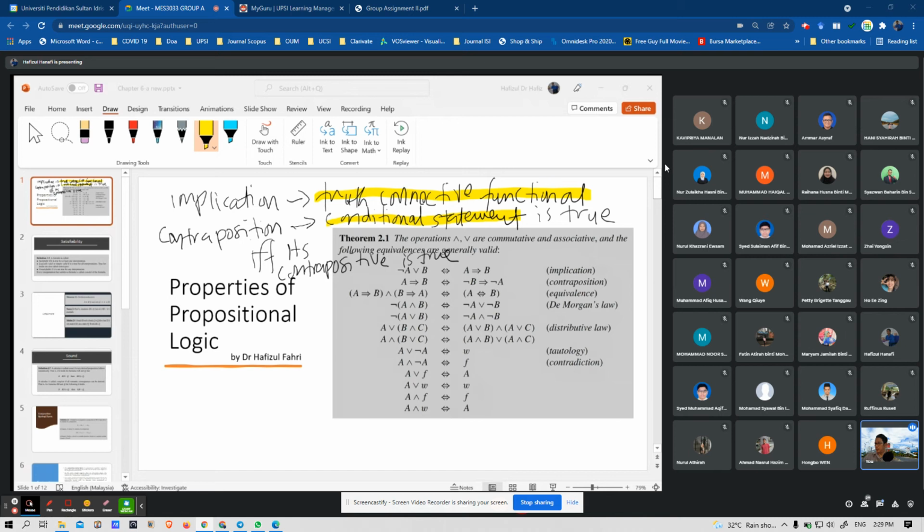For the logical equivalences, you can see that A implies B and B implies A is equivalent to A implies B.